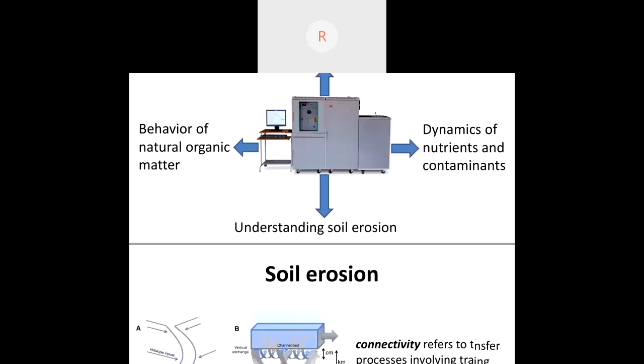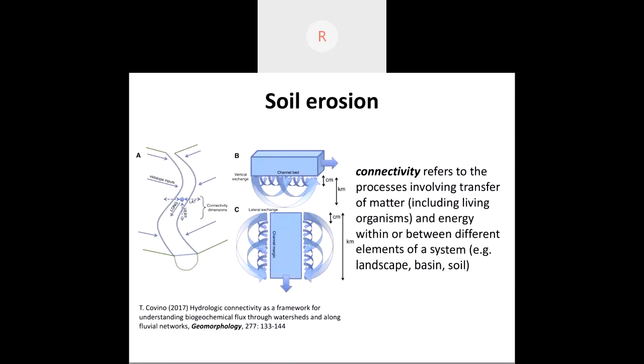Let me start with one of the main problems that we have in environmental science, that is soil erosion. Everybody knows what a soil is. When I teach soil chemistry, the first thing that I say to my students is that the soil is a living organism. It is made by different components that are organic and inorganic, and inside the organic components we also find the living organisms.